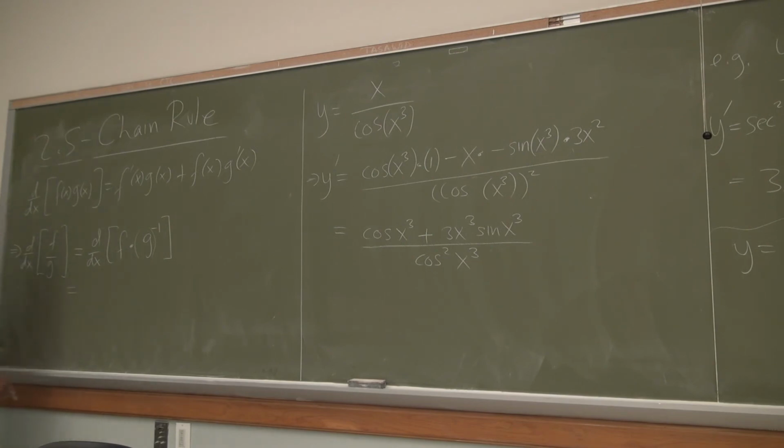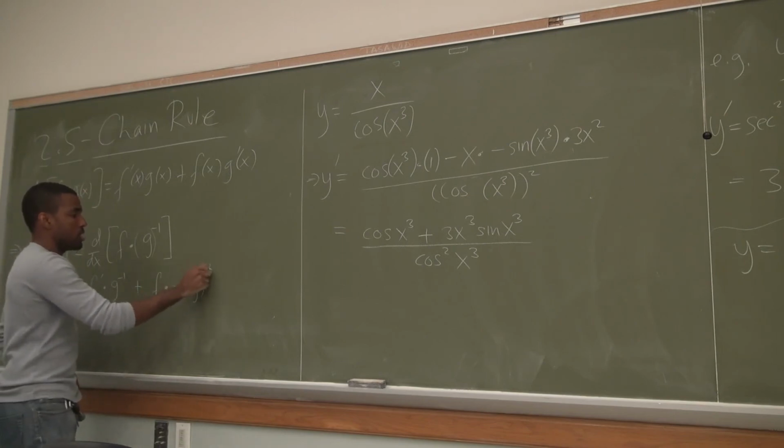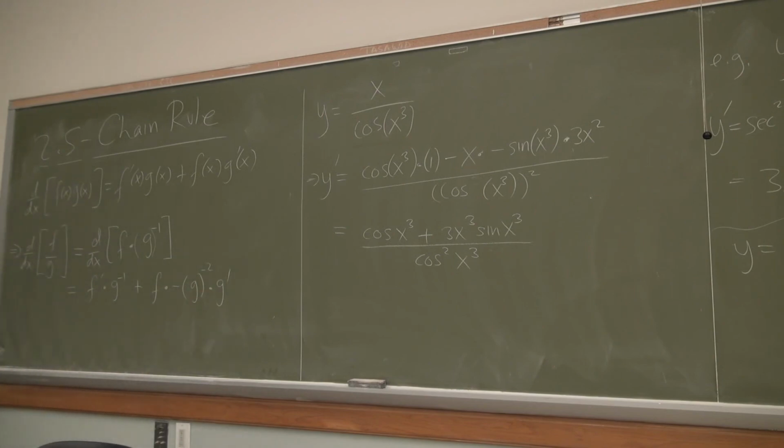So if I want to differentiate this, I apply the product rule. So this is f prime times g to the minus 1, plus f times negative 1 g to the minus 2 times g prime. And now you start to simplify, right?